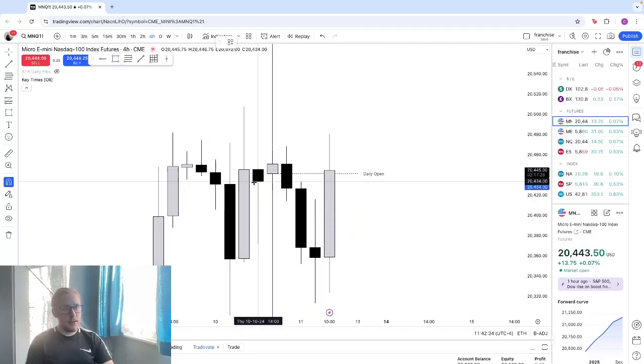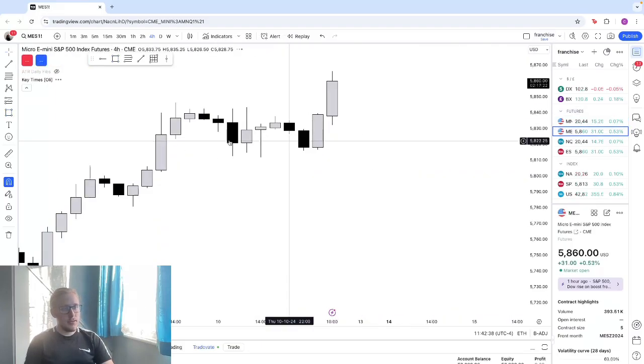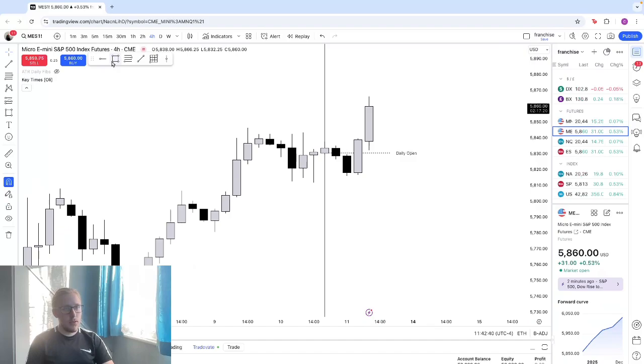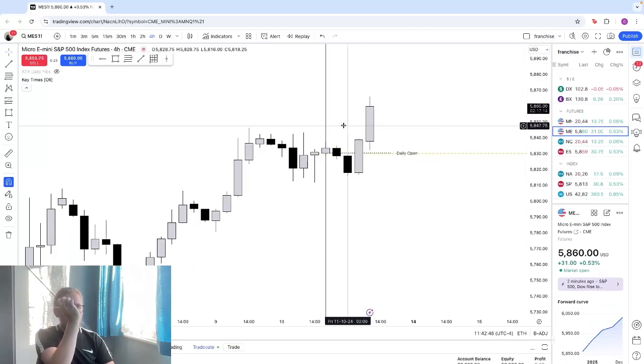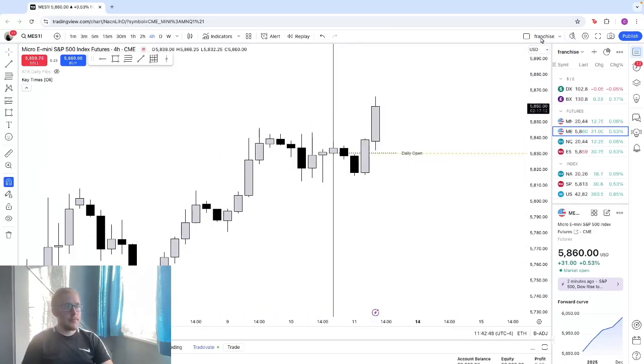So we closed here, we opened here. Do that on the ES as well. Closed here and open there. Cool. Now I've got our daily opening gap drawn up.